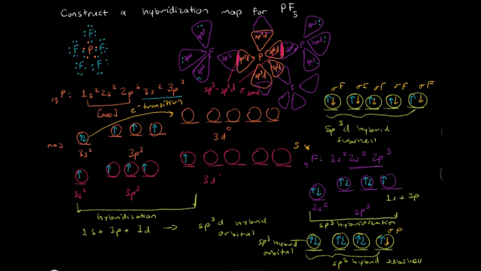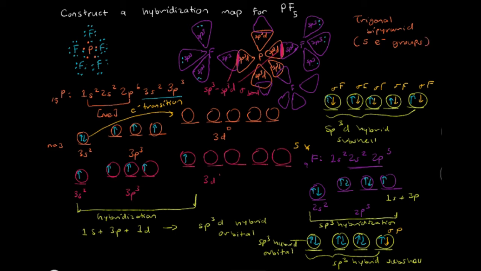Okay, so it is somewhat of a complex example, but what you're going to see here is that anything that is trigonal bipyramidal, I'm just going to make a note here, anything that has 5 electron groups, right? An electron group is a pair of electrons, so they should have 10 electrons.